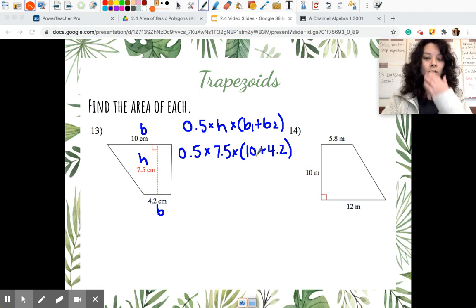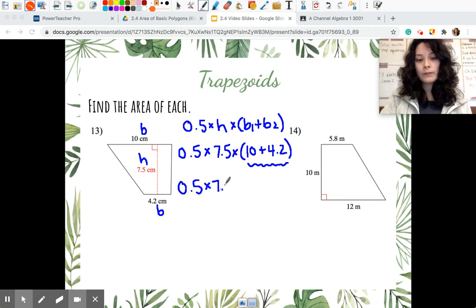And again, it doesn't matter if you did 4.2 plus 10. If you're adding these two numbers together first, you're going to get the same answer. So I'm going to follow order of operations, which says I have to do what's in parentheses first. That's going to give me 14.2. And then all of these terms are being multiplied, including the 7.5 and the 14.2. Remember, when you've got a number touching another number that's in parentheses, that's implying multiplication.